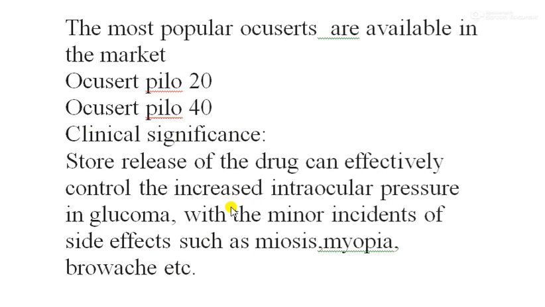The release of the drug can effectively control the increased intraocular pressure in glaucoma patients, with a minor incidence of side effects such as miosis and myopia. Every drug has side effects, but this is minor, so we can ignore it.